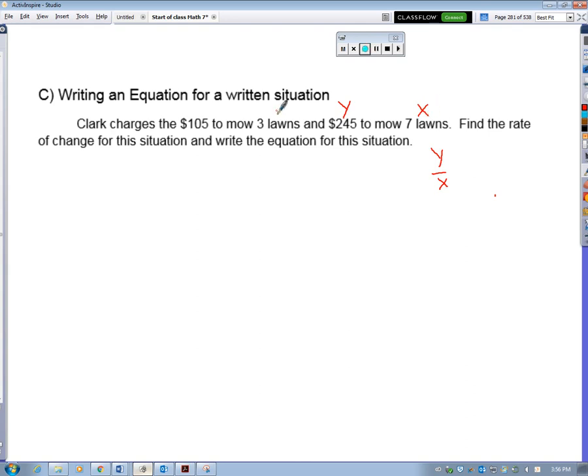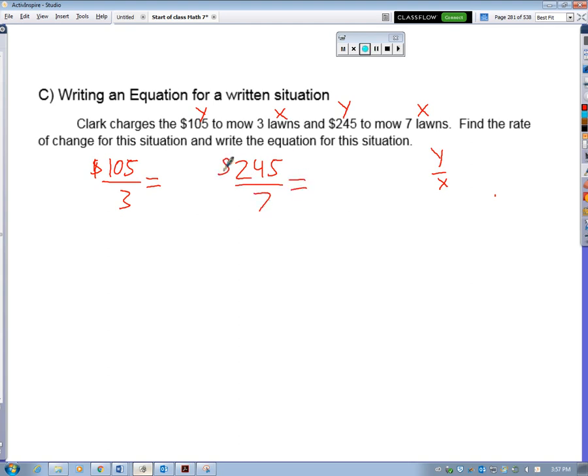Alright, so this one is the x, the money is the y, and we're going to set up these fractions, y over x. So we're going to take $105 over 3 to see what that rate of change is, and we're going to take $245 over 7 and see what that is.